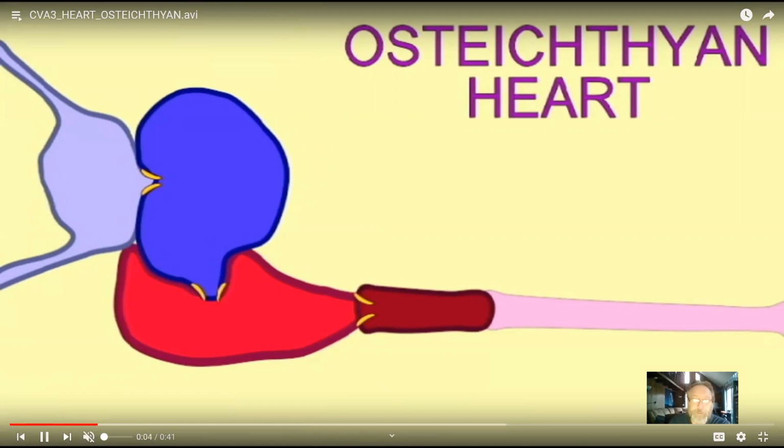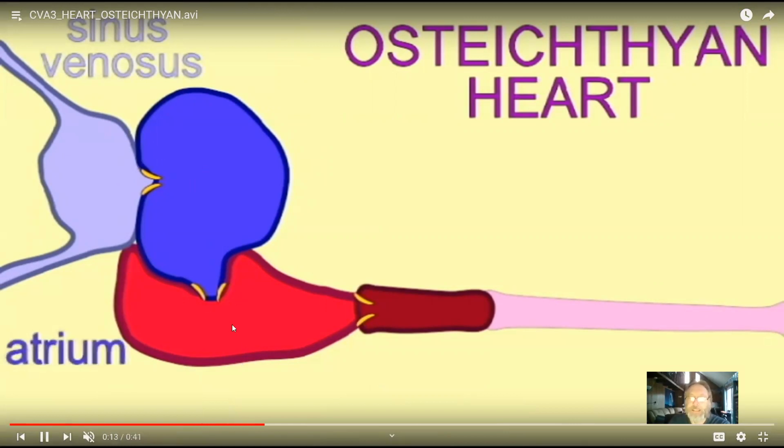the jawless fish. When we get to the osteichthyans, the bony fish, we see the same heart chambers: a sinus venosus, a single atrium, a single ventricle, and the truncus or the conus arteriosus.